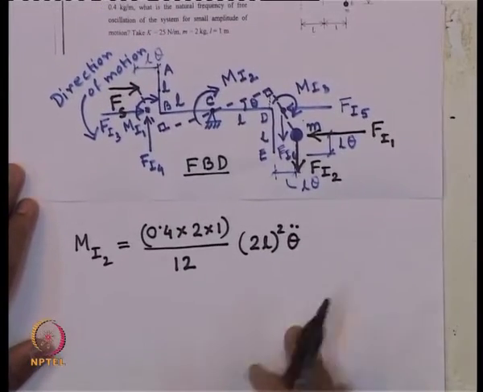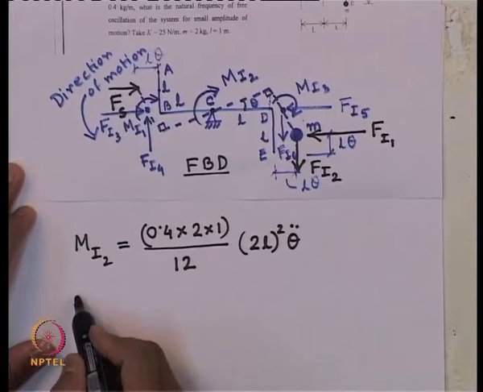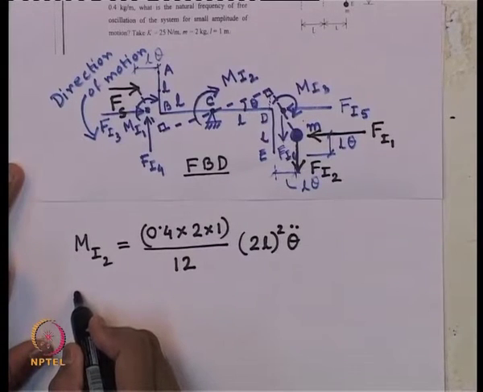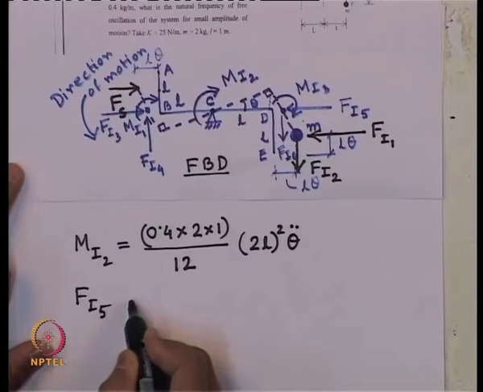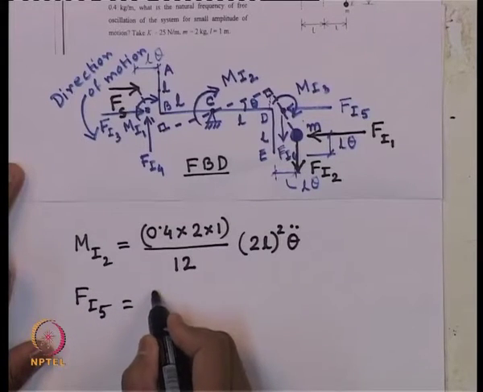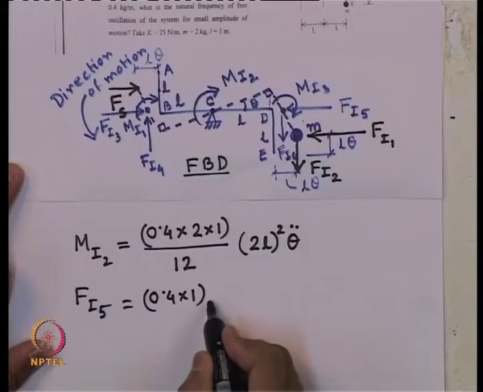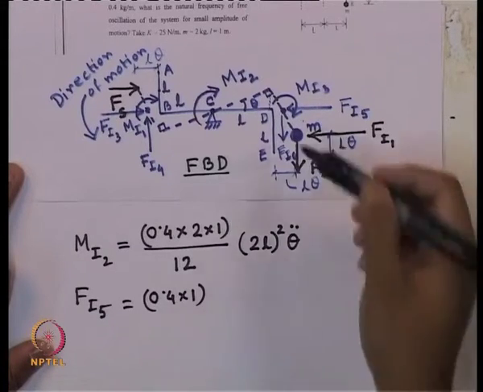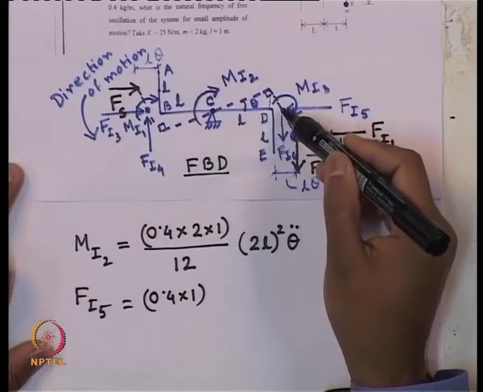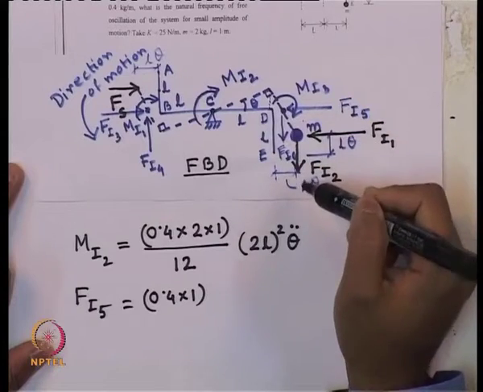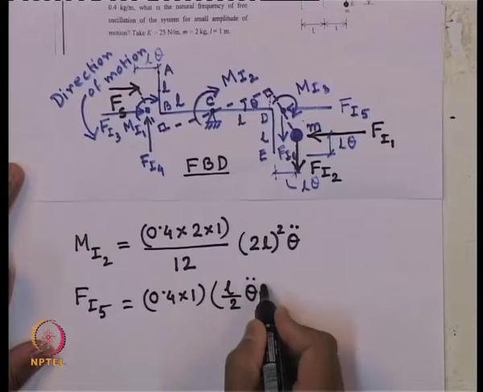Now, for the bar DE, the inertia forces we can easily write down quickly. F I 5 will be 0.4 times 1 m times acceleration. The horizontal displacement of this bar DE about its center is again L by 2 theta, so acceleration is L by 2 theta double dot.